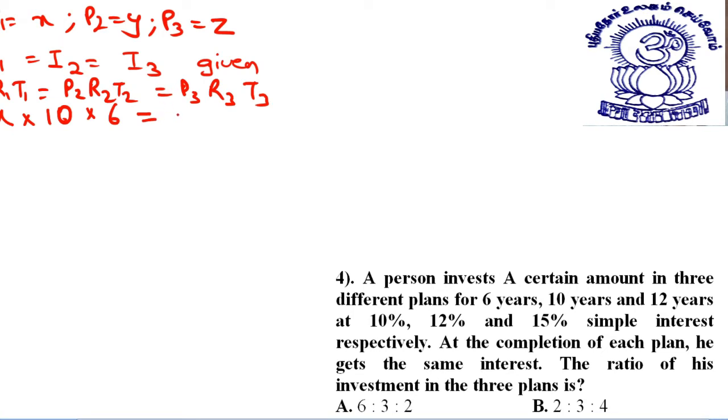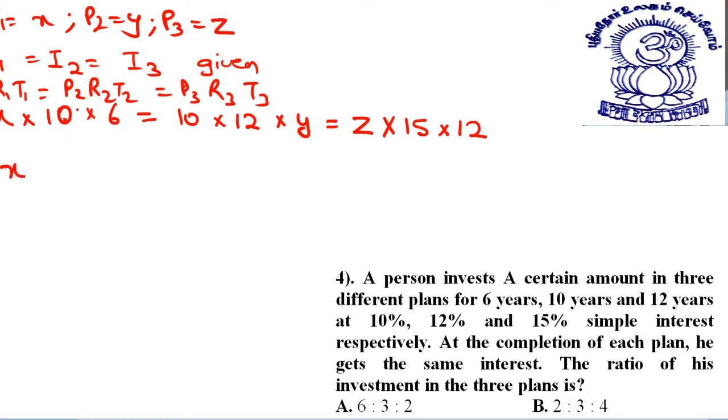The second part is Y, 10 years at the rate of 12%. The third part is Z, invested for 15% for 12 years. Now is there anything which I can cancel? Yes, 5 and 3 both can be cancelled.